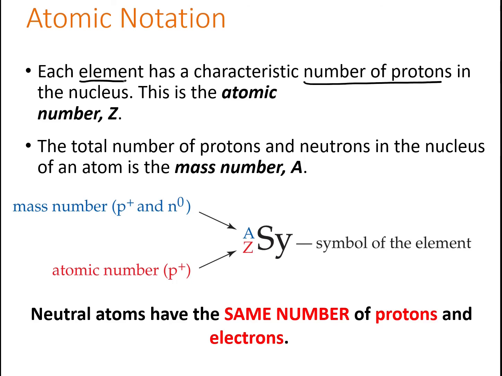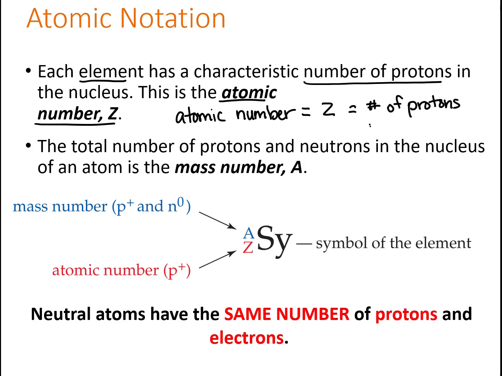That number is called the atomic number, and it's abbreviated with a Z. So to rewrite that, atomic number equals Z, which is the number of protons in an element. The number of protons is what gives each element the different characteristics, okay?